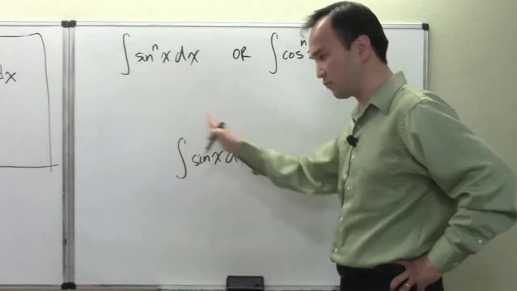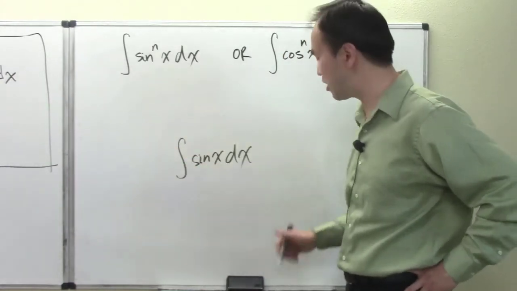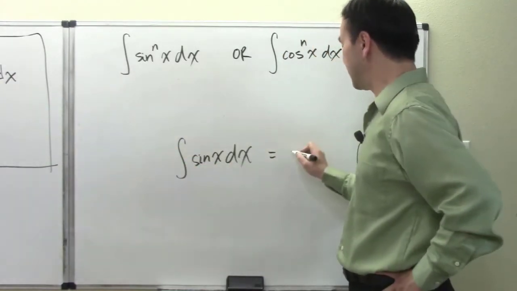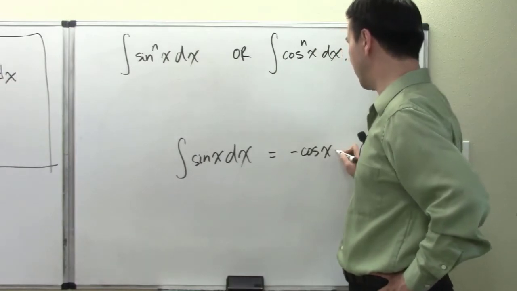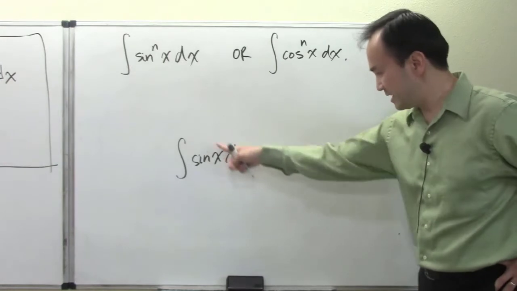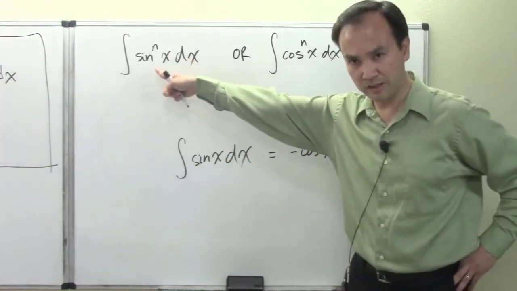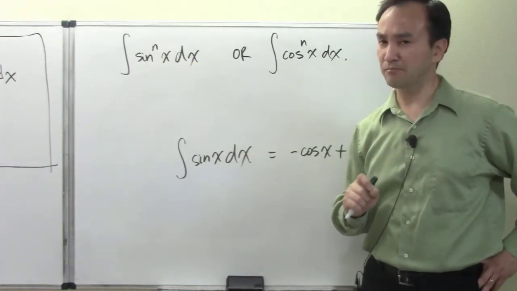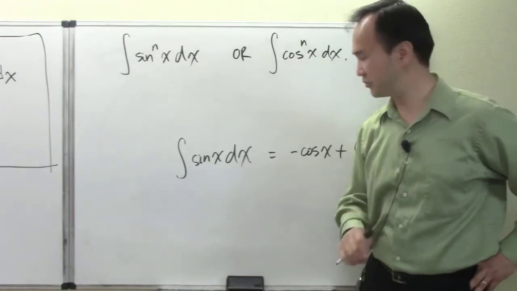That one we don't have to wait until this lecture to know. Quickly, this is negative cosine of x, and don't forget plus c. So that's just a quick reminder. This family is one among that. That's at least some basic ground that we have to remind ourselves of.